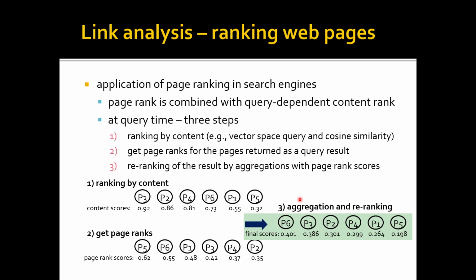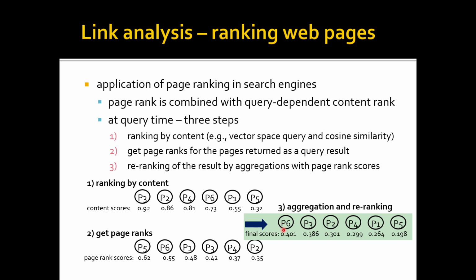We can just add, for example, for P6 we have 0.73. Here we have for P6 0.55. We can just add two numbers or do average or take the maximum, minimum, whatever we want to do. So that's the aggregation, and then we have the aggregated scores, and this is the final result.